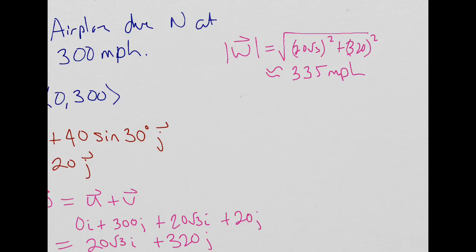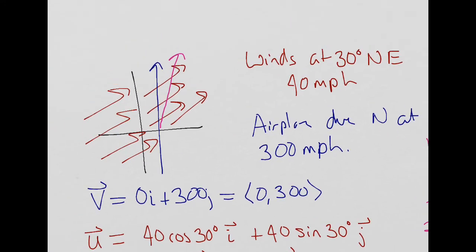But from what we saw earlier, we should be able to get that 320 over 20 root 3 is equal to the tangent of theta, which leaves us with theta is about 83.8 degrees. So we were right. We're moving not quite vertical, not quite up at 90 degrees or at pi over 2, but a little bit off there, being blown off to the side by the wind.